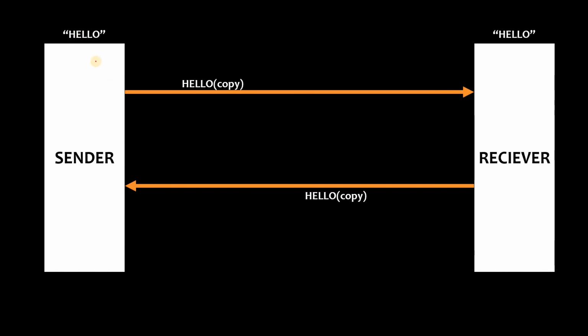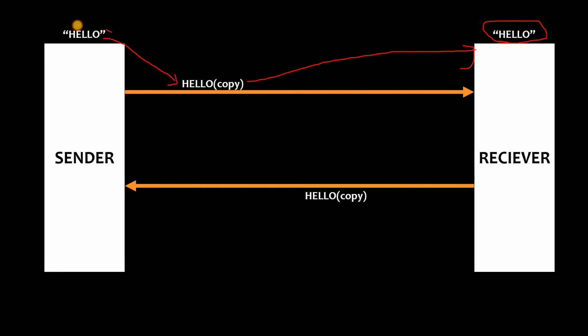Hello is there in the sender, and a copy of this hello will be sent to the receiver. Once the receiver received the data, that data will be sent back to the sender. The original data will be kept in the receiver, and the copy of that will be sent to the sender.